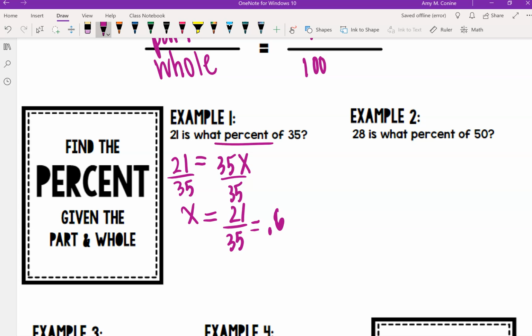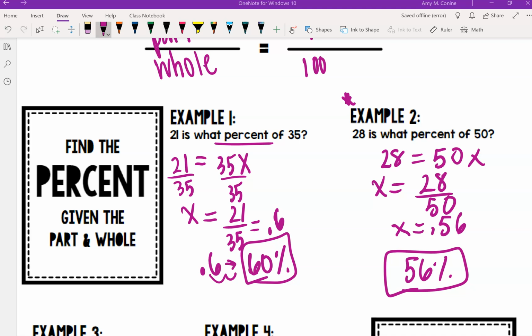And it's asking for what percent. So then you would take that decimal and move the decimal place over 2 times and you get 60%, or multiply it by 100. But this is the percent. You convert it to a decimal to do your operations, but then your answer should be with the percentage. So I want you to go ahead and do number 2 now.